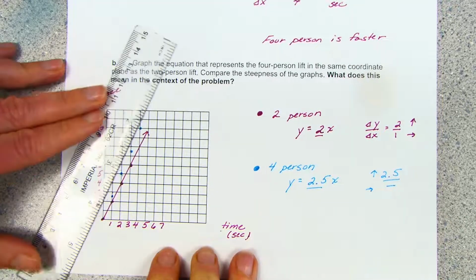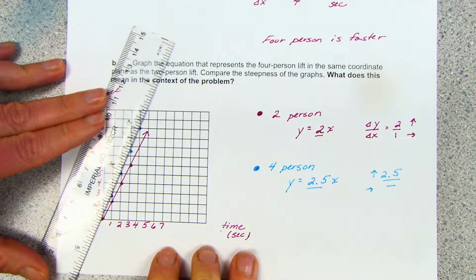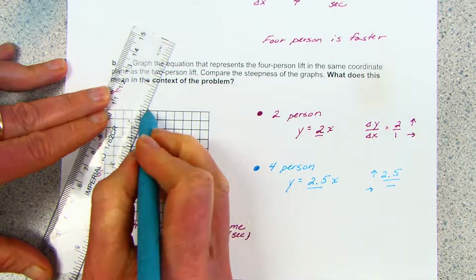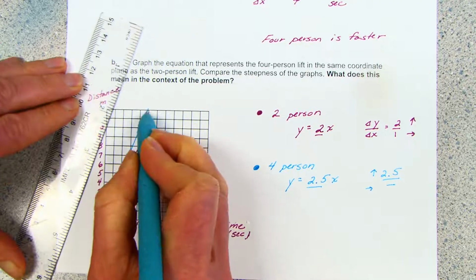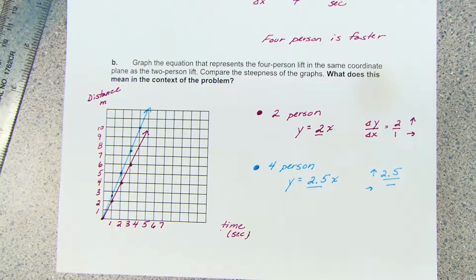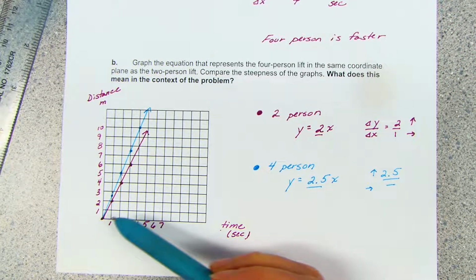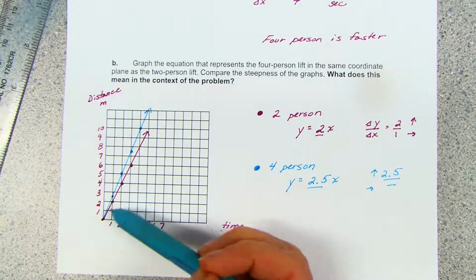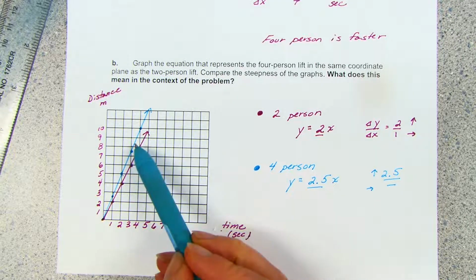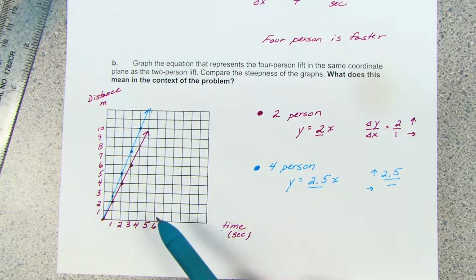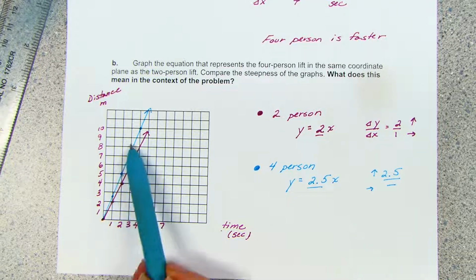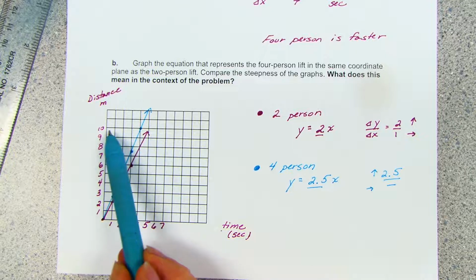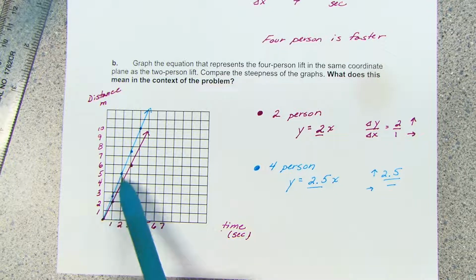Okay, so we're starting in the same place. All right. And so what we should see when we graph is that the bigger slope, the steeper slope, makes a steeper line. It is closer to the y-axis. This is a less steep slope, so it's closer to the x-axis.